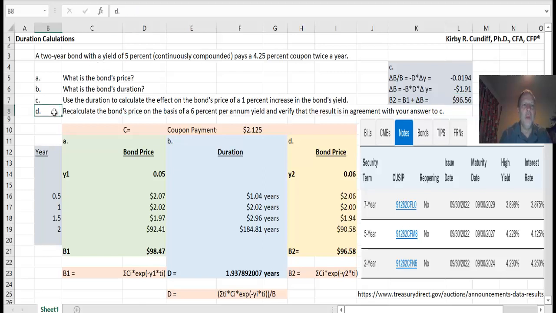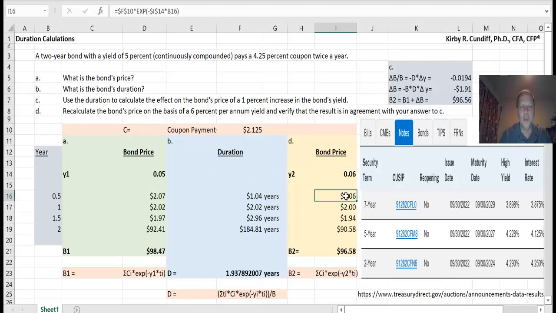Part D asks us to exactly recalculate the bond's price based on a 6% per annum yield, and then see if it is in agreement with our answer from C, the duration calculation approximation. So now we redo our calculation in A. The only difference is now our interest rate is not 5%, but 6%.